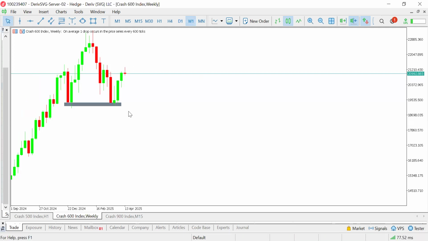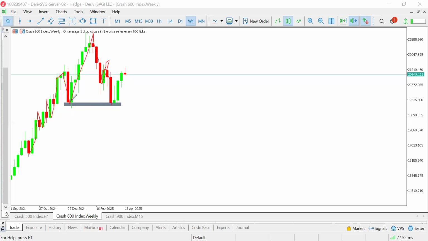So from the weekly time frame, we can see that the market made a high, made a higher low, higher high, higher low, higher high, then made a higher low, a higher high, made a higher low, couldn't push up immediately with this green candle, then came down.